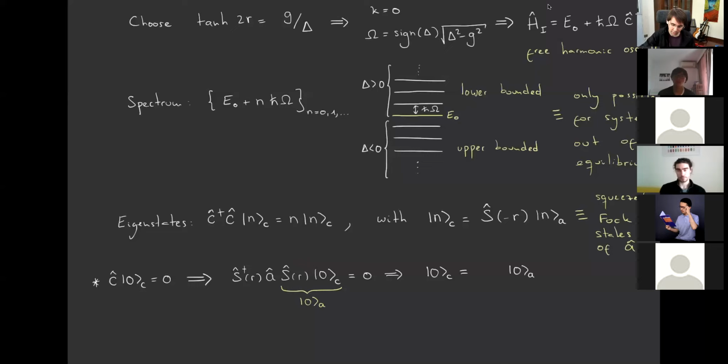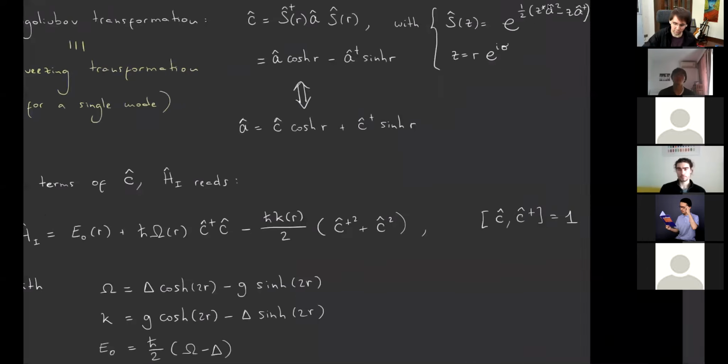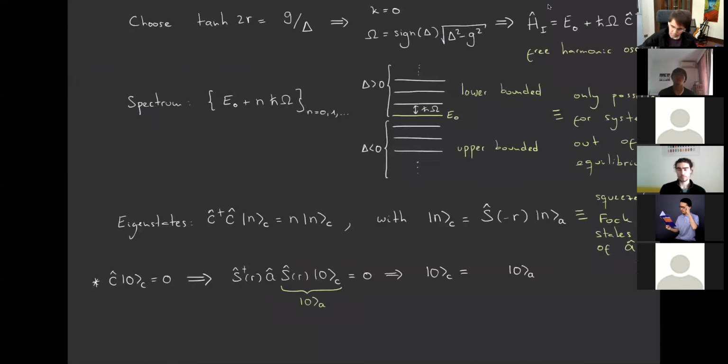But at the same time, if you just look at the form of S, just changing Z by minus Z is the same as making the dagger. So this is something that we already saw. So then this is just S dagger of R or S of minus R. It is the same. So then this proves the expression above for the vacuum state.